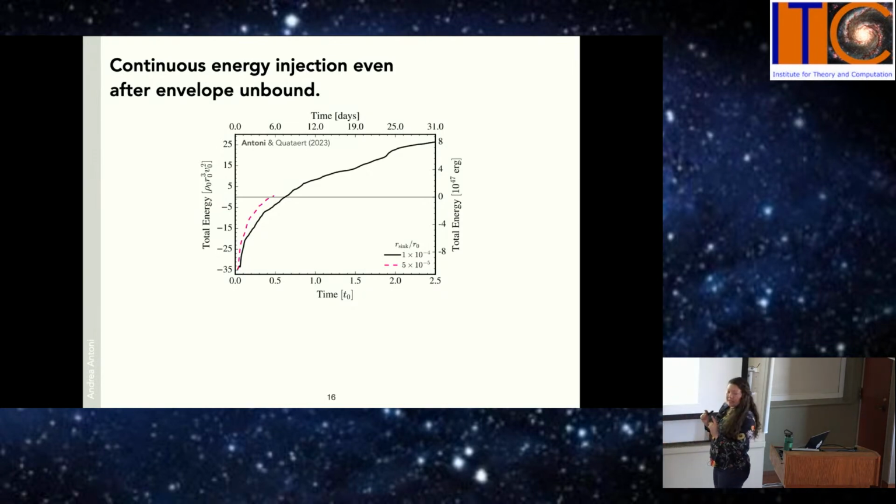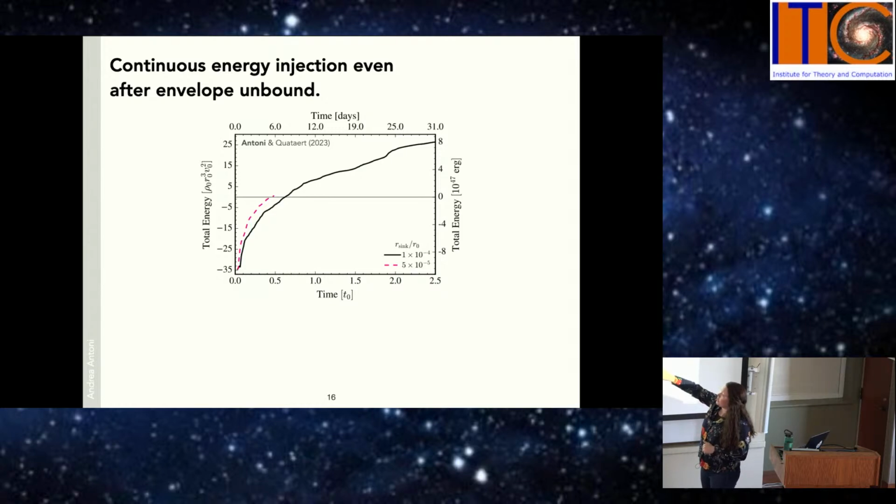Okay. So what I do is I take my whole box way outside the radius of the star, and I integrate the total energy, including the gravitational binding energy. And so this is just a plot of that integral over time. Let's just focus on the black line. This is my longest running model. I start out at very negative total energy because all of the material is bound.